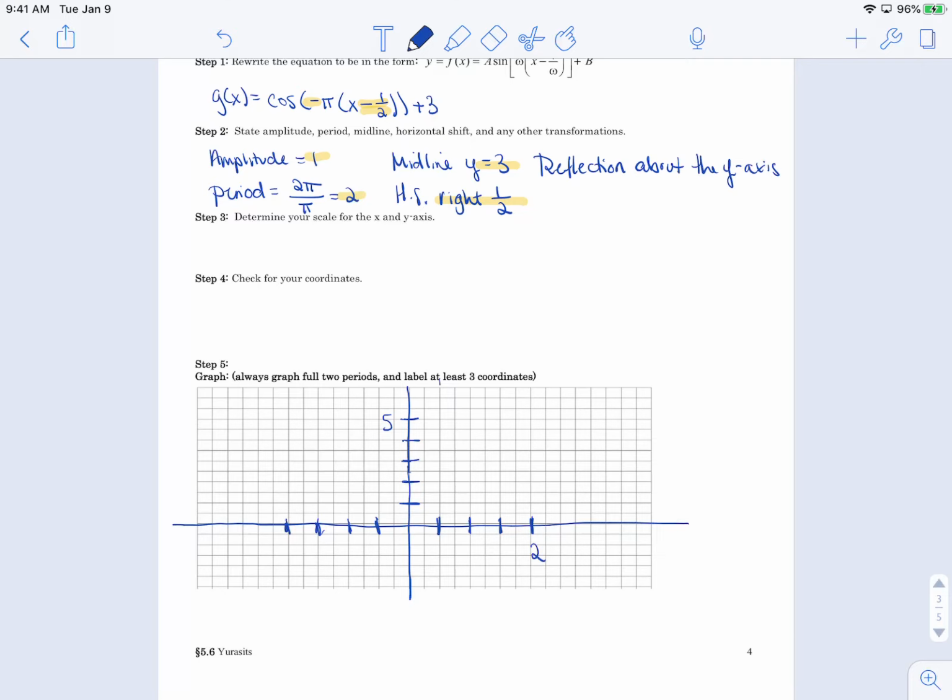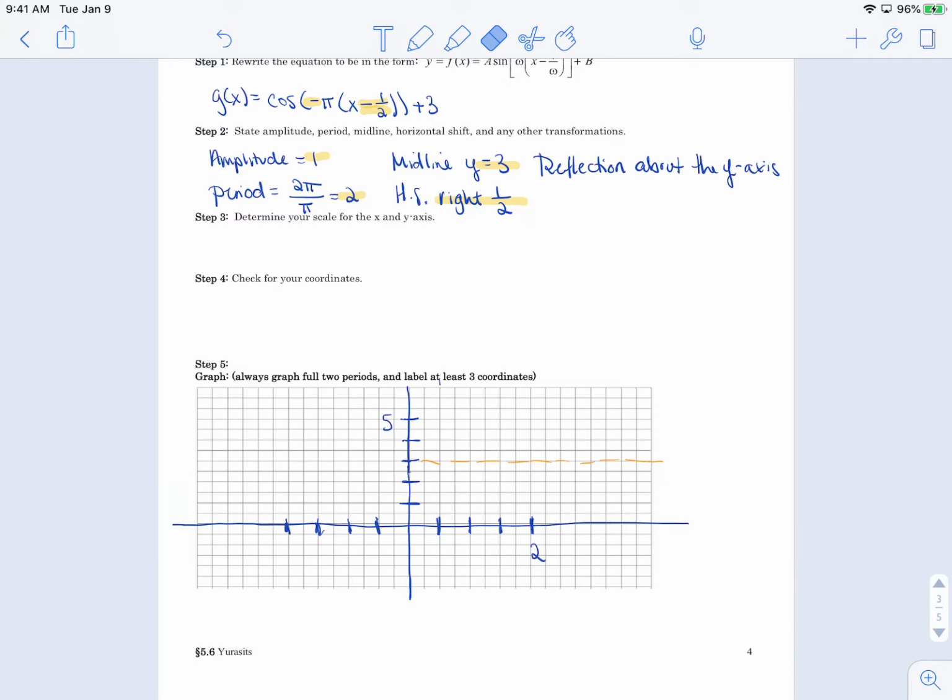All right, I'm going to plot y equals 3 as our midline. That's not where y equals 3 is. Y equals 3 is here. Why can't I see it? It's so funny. I'm going to erase that.